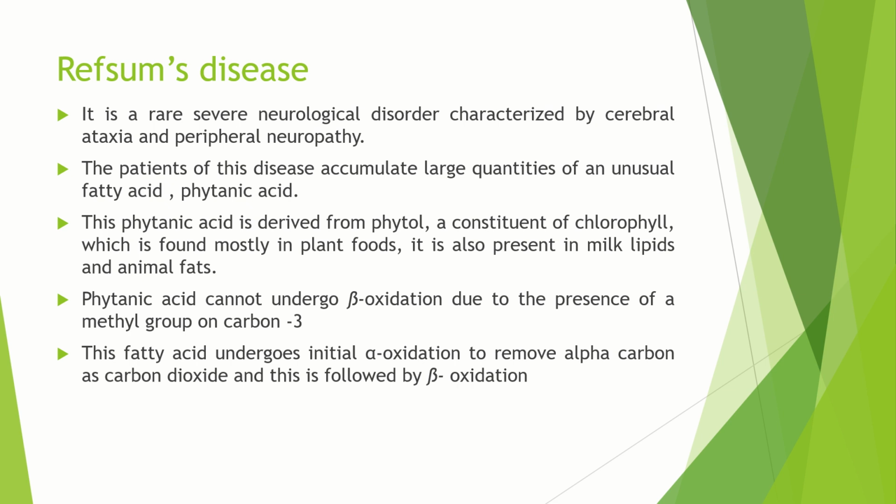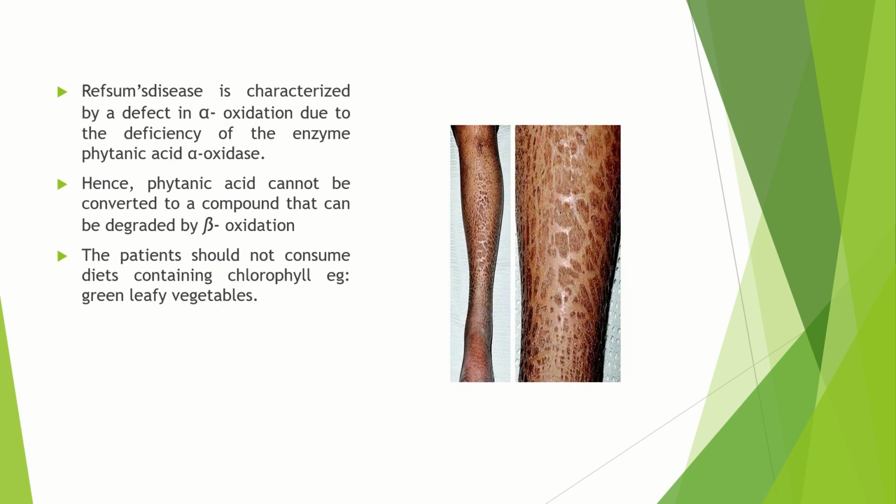It is also a rare severe neurological disorder, and these patients accumulate large quantities of an unusual fatty acid, phytanic acid, which is usually oxidized by the enzyme phytanic acid alpha oxidase.